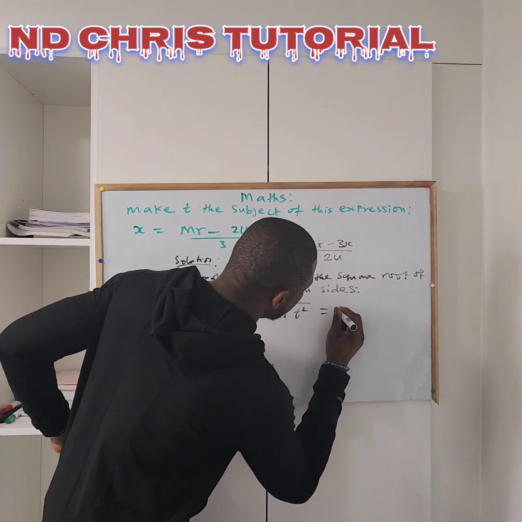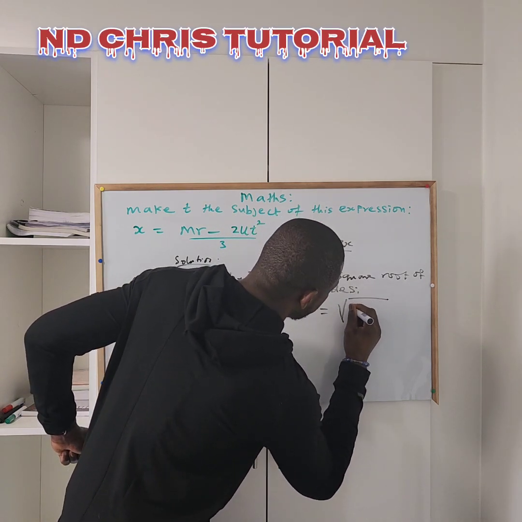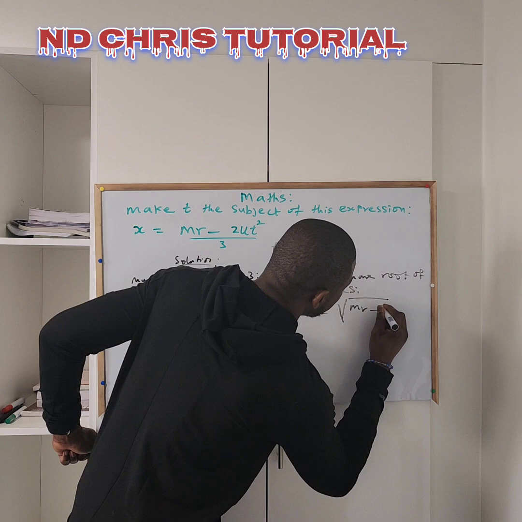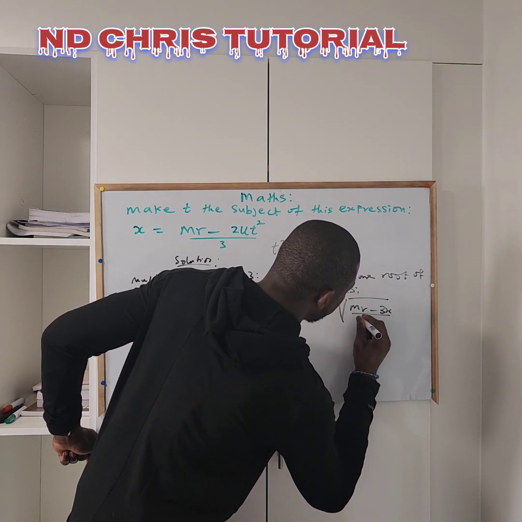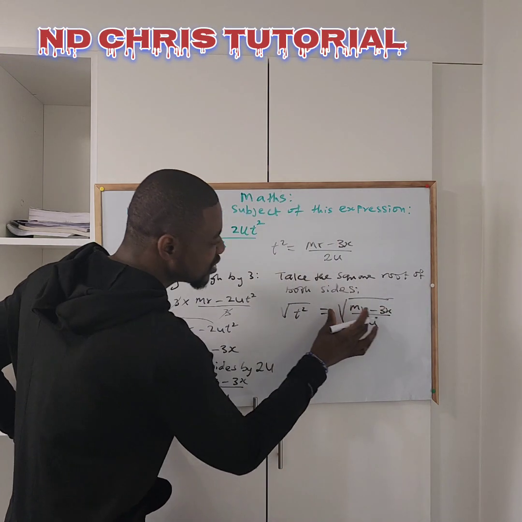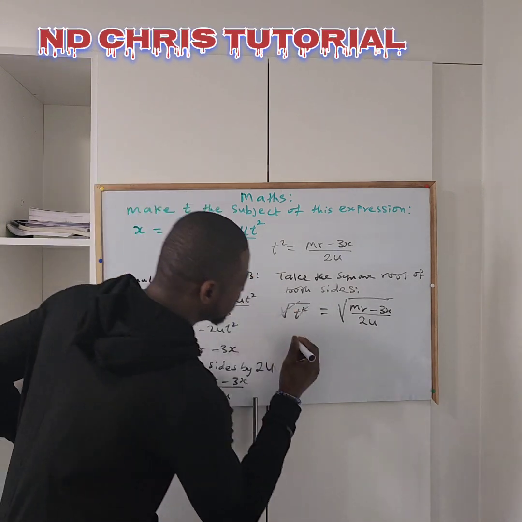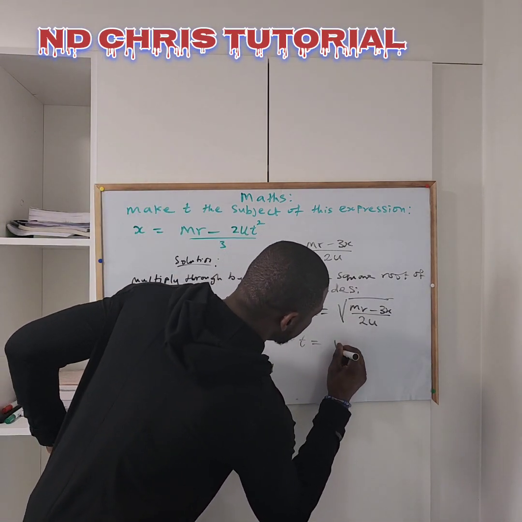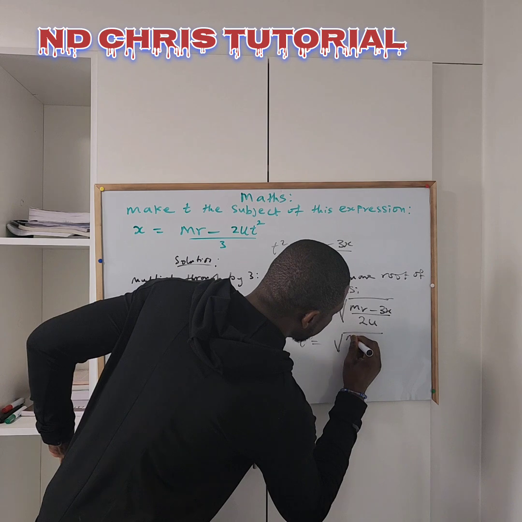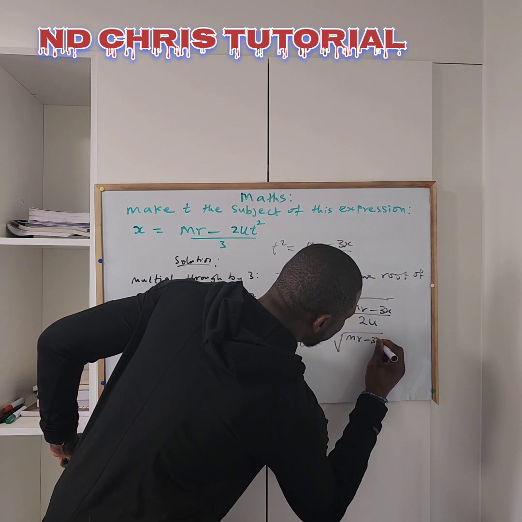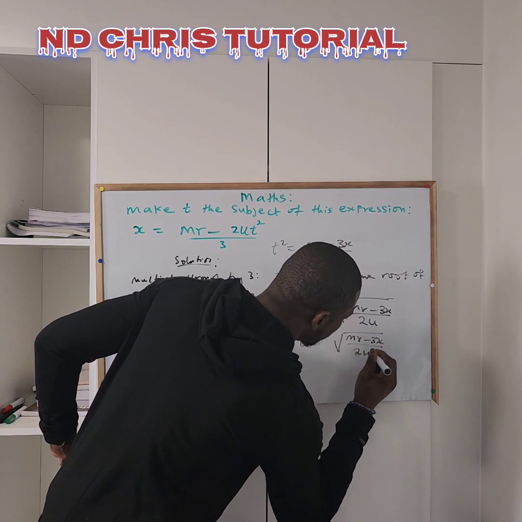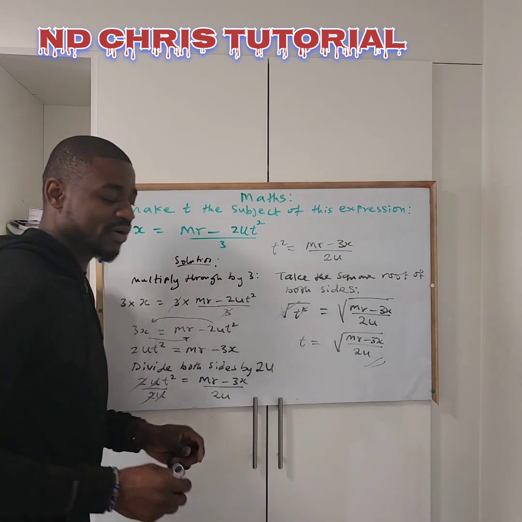So we now have square root of t squared equals square root of mr minus 3x all over 2u. Take note, this square root is covering everything. So this power we cancel with the square root. Therefore, t equals square root of mr minus 3x all over 2u. This is correct.